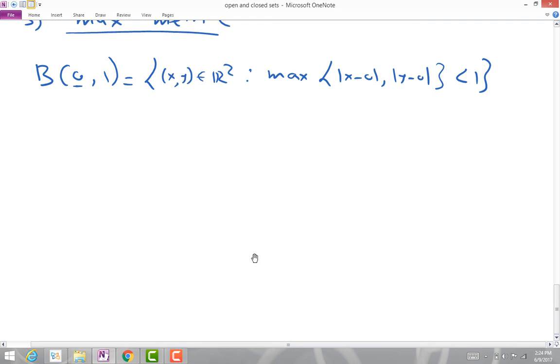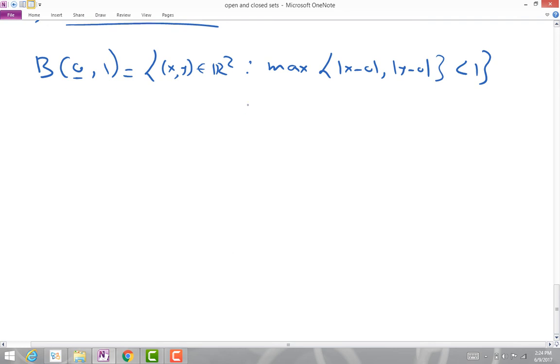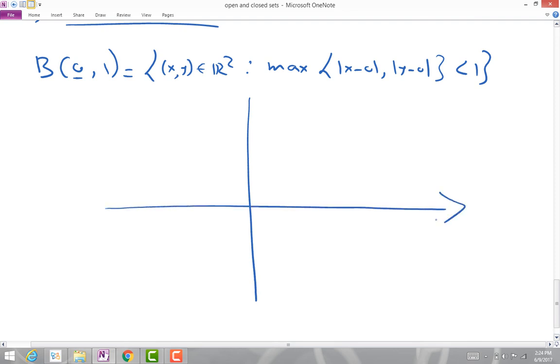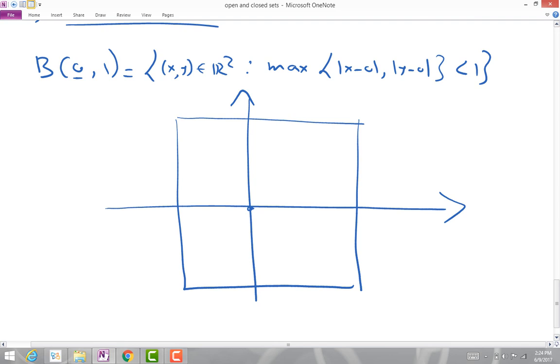So the maximum of the absolute values of x or y should be less than 1. Now if I graph the set, you will have the open square. So this is (1, 1), this is (-1, 1), this is (-1, -1), and this is (1, -1). So it's a square.